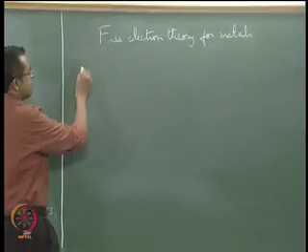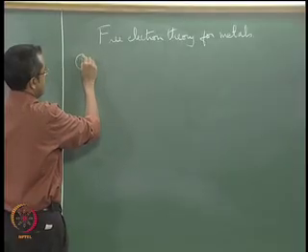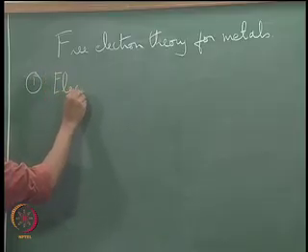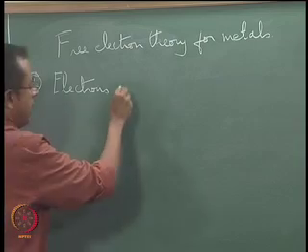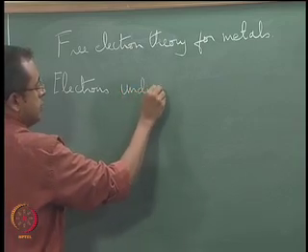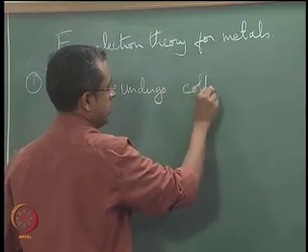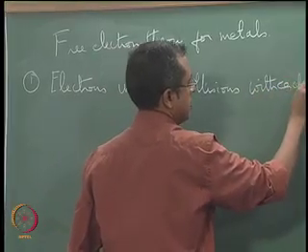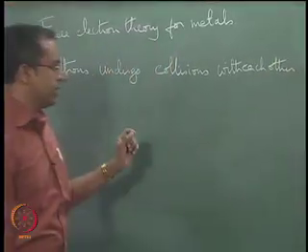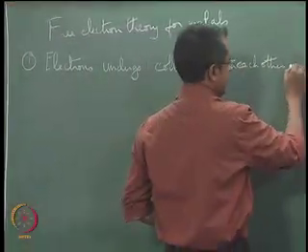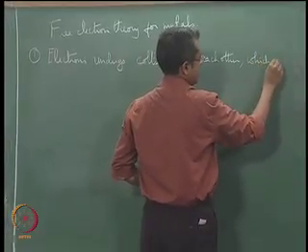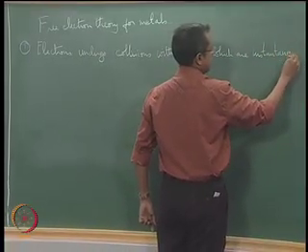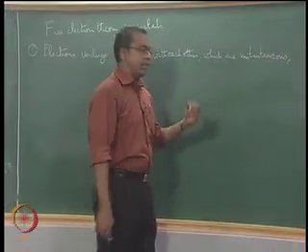Okay, so the first assumption that we put down is that electrons undergo collisions with each other, which are instantaneous, and these lead to scattering.